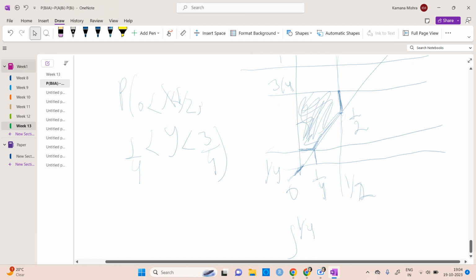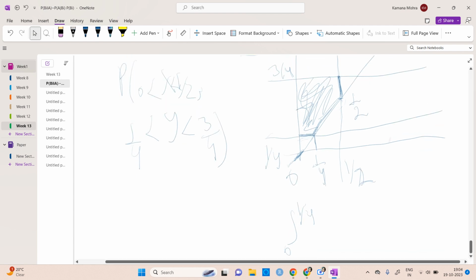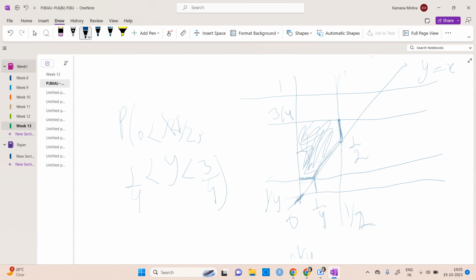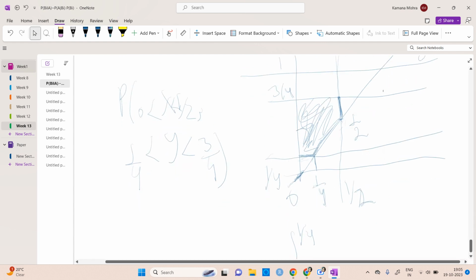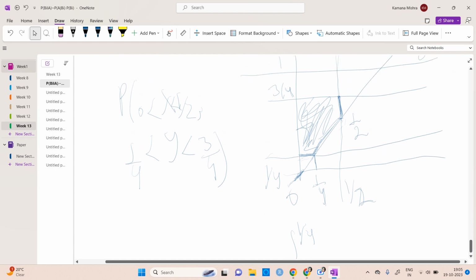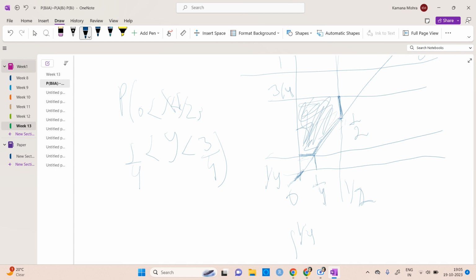Then if you take 0 to 1/4, y would be what? y would be 0, and then in the above, x is in between 0 to 1/4, then y would be in between 0 to x. Okay, x is 0 to 1/4. Yeah. y is 1/4 to 3/4.